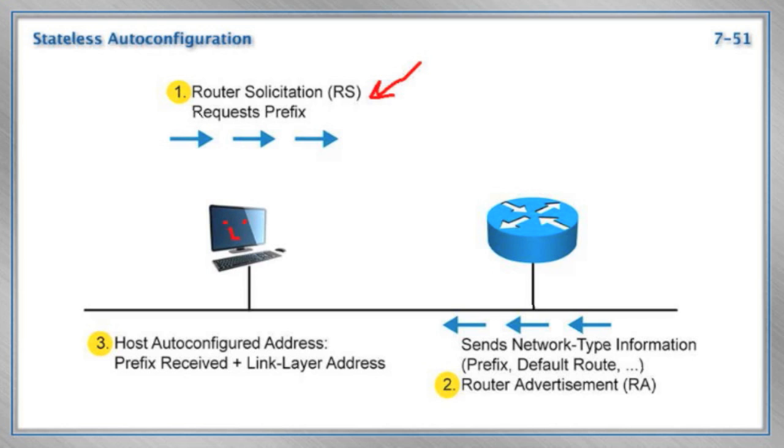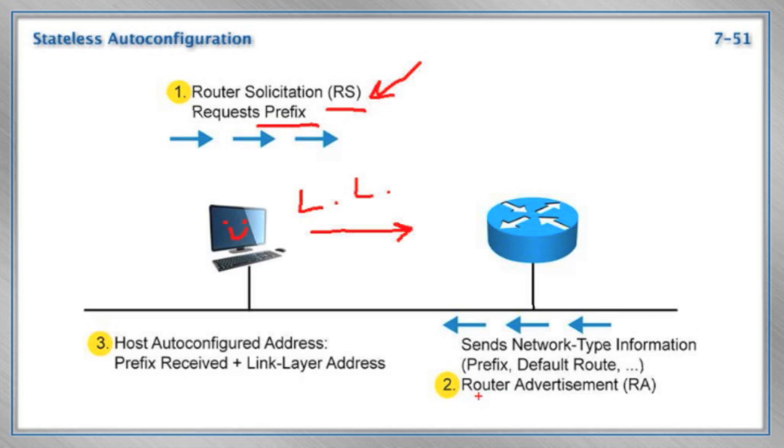This device will come up and it will say, look, I want to find a local router that can give me the network portion of my IPv6 address. It is able to send this message on the link. Why? Because of the link local address that we just covered. So that link local address is really important for these devices to be able to communicate.